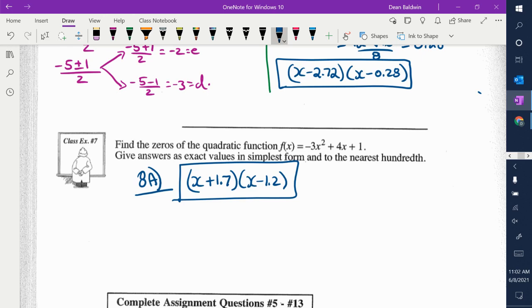You can't square root a negative, so it should work out to be a positive inside the square root. Watch your sign. It's 1 minus 3, 2.